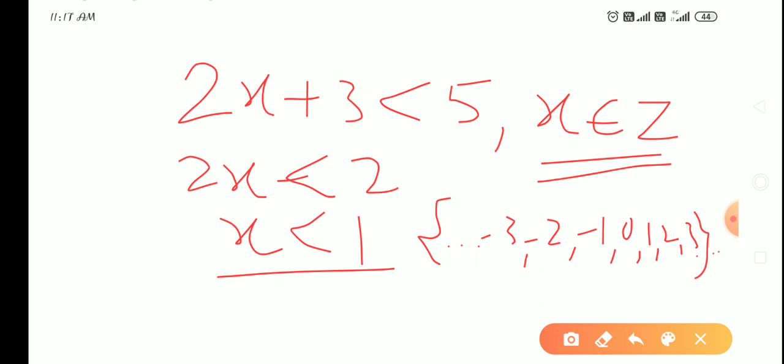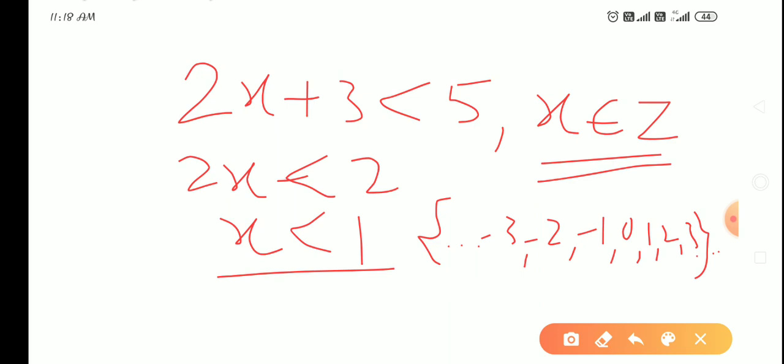The three dots to the left and to the right show continuity in both directions, means after 3 comes 4, 5, 6, 7, 8, 9, 10 and so on, and after minus 3 comes minus 4, minus 5, minus 6 and so on. Infinitely many integers go on both sides. So which integers should we take?